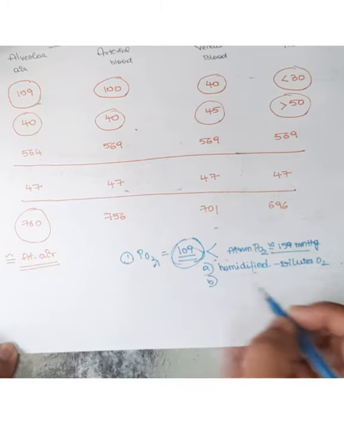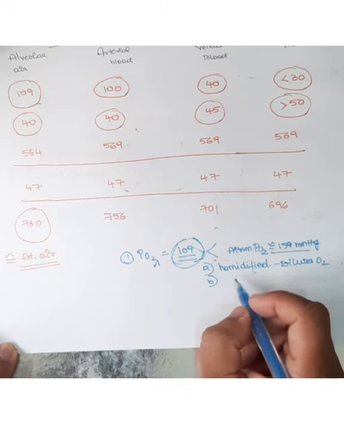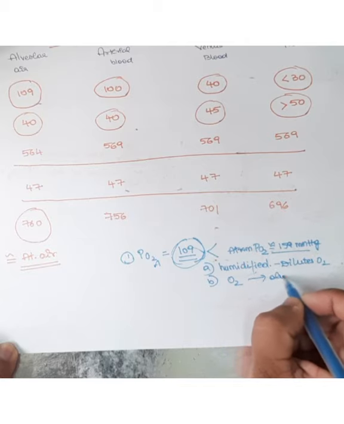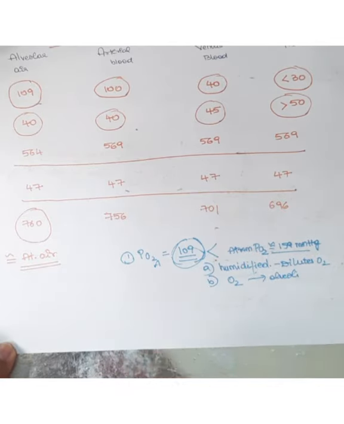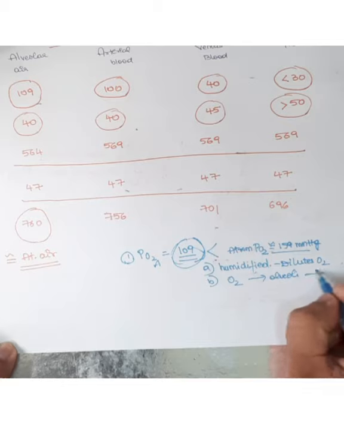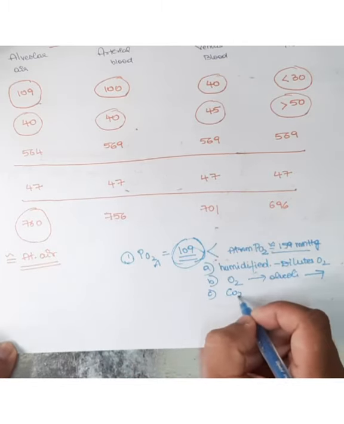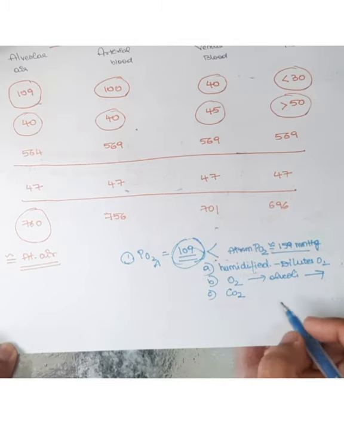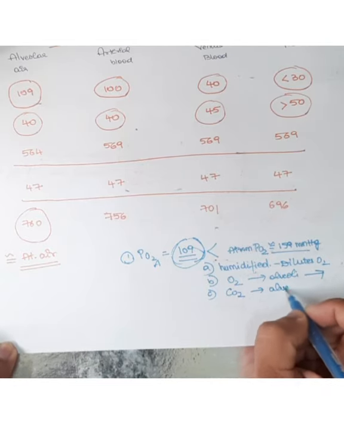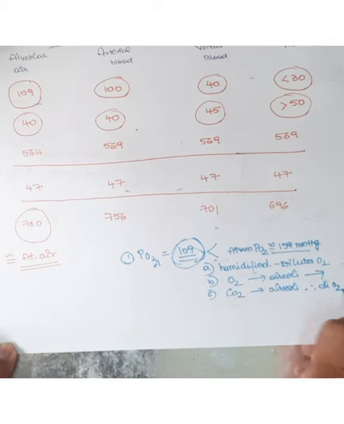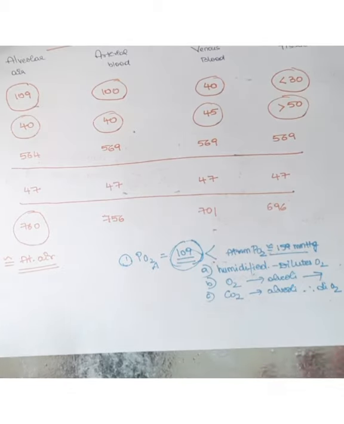Number two, there is constant removal of oxygen from the alveoli. It is constantly removed from the alveoli, it moves inside the capillaries. And there is constant entry of carbon dioxide into the alveoli from the capillaries, therefore again diluting the concentration of oxygen. Therefore the partial pressure decreases.